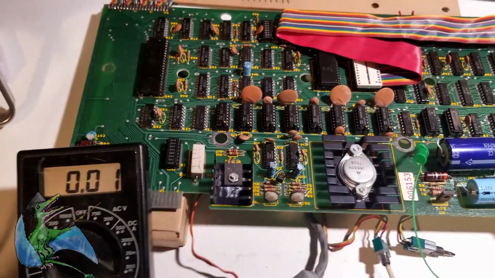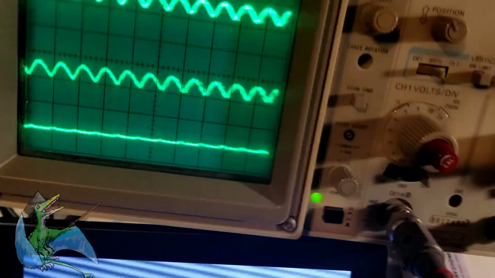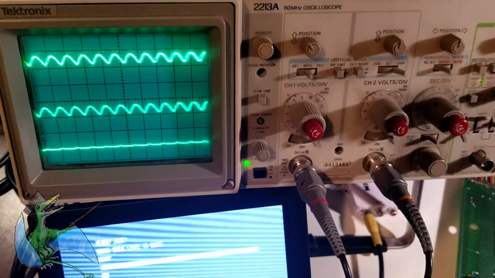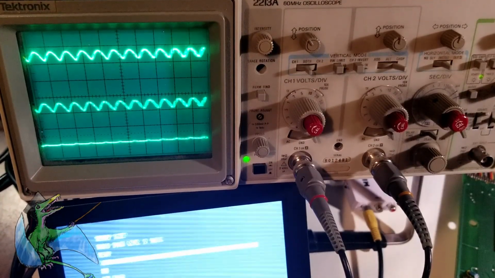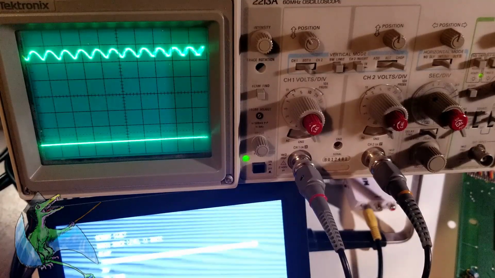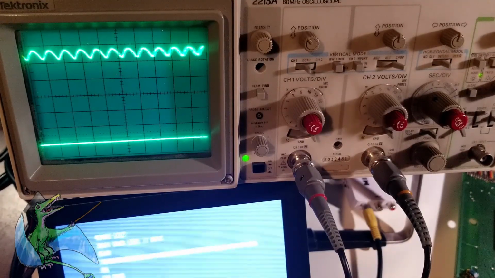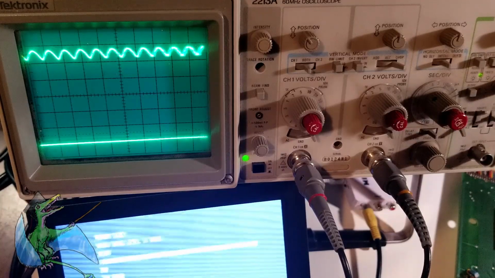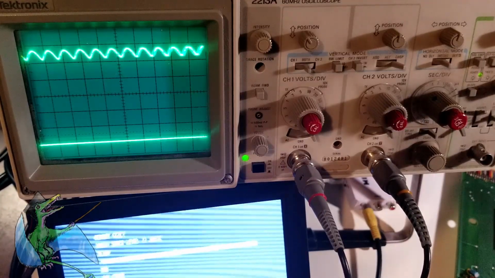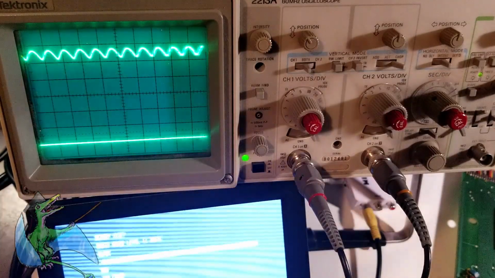But let's go back over here and look at the scope. I am going to pull off the probe that is on the bottom there, because I want to see if those are oscillating like this is.